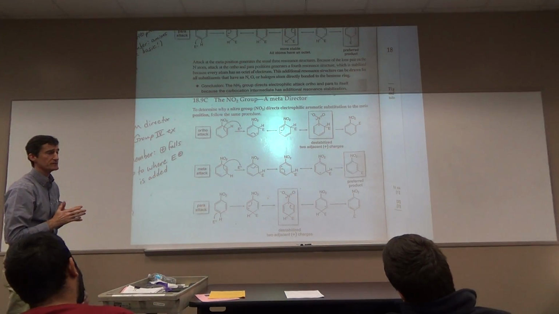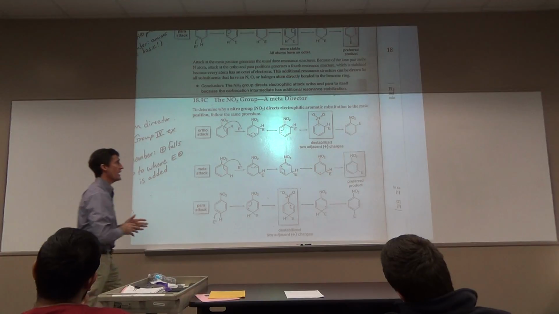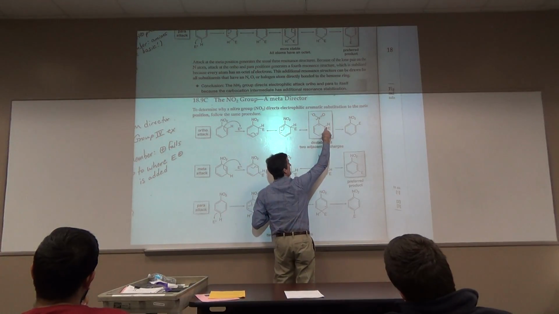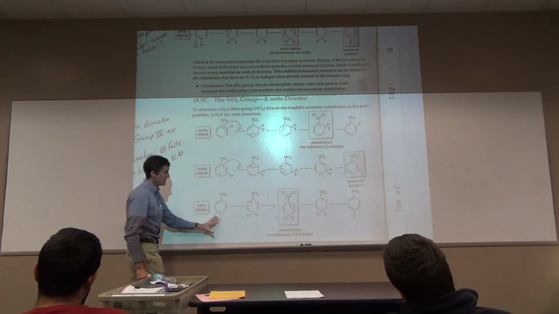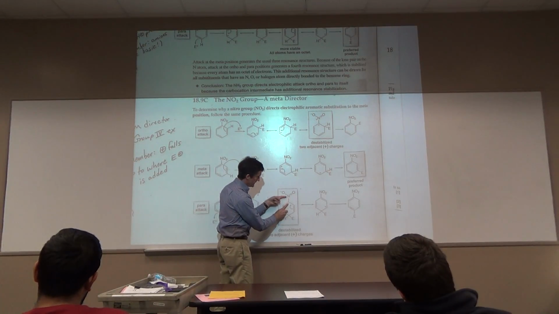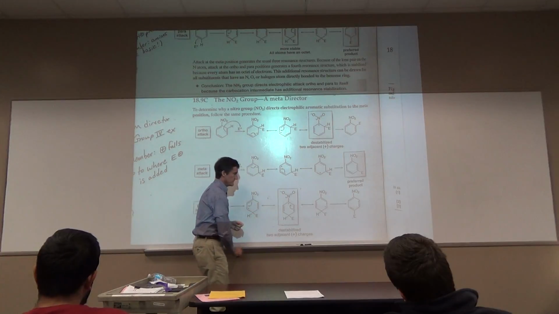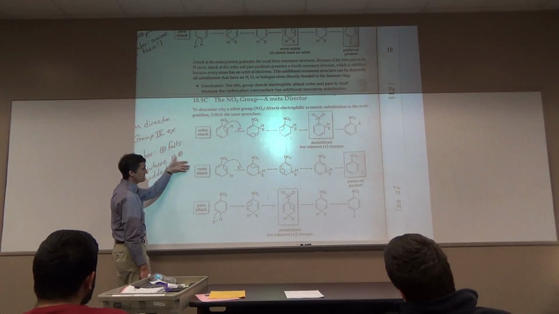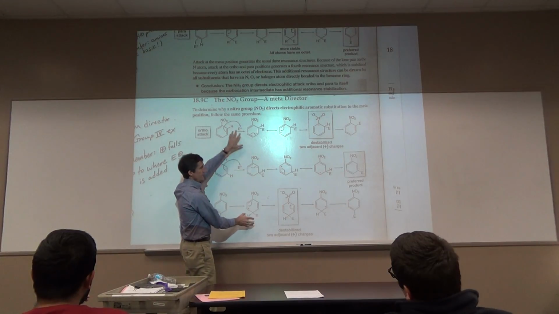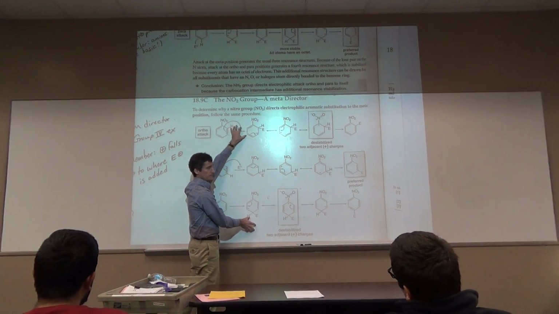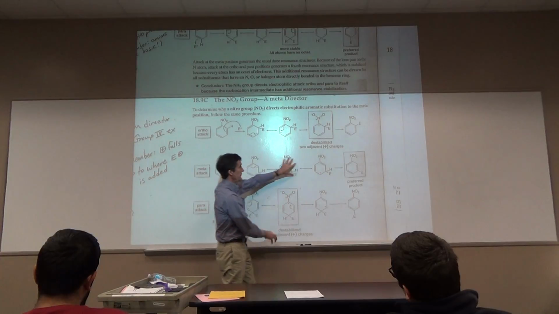That's not a good situation. So that's not a stabilizing effect here. It's actually a destabilizing effect. Same thing down here. If you do a para attack, you get the plus right here. It's a destabilizing effect. The reaction goes meta. Why? Not because it's so much better, but because in this case, ortho and para are worse off because of these. So it goes meta.